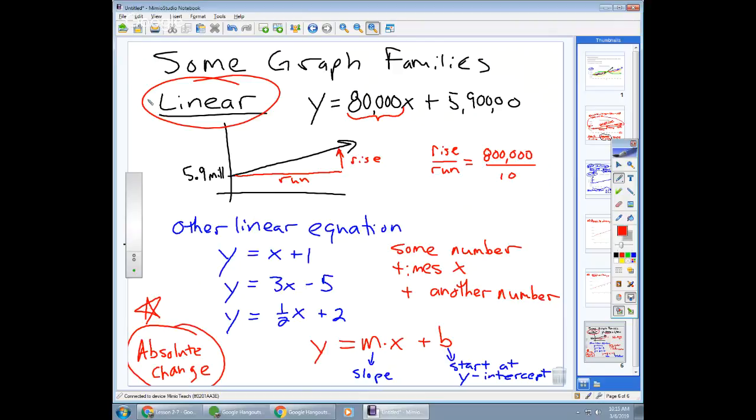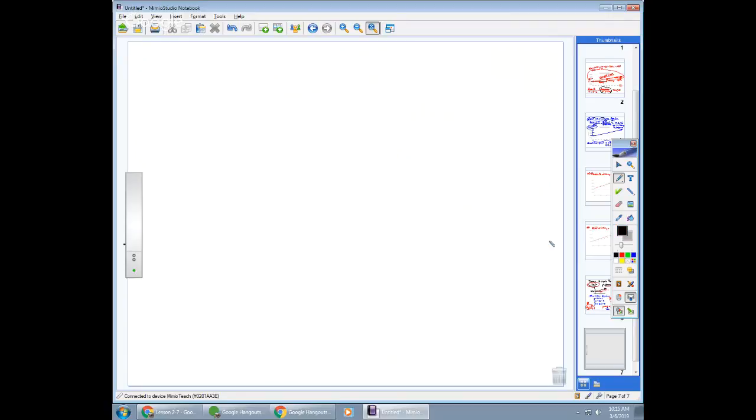All right. So the other kind of family was the relative change family, and that's usually called exponential. And exponential is what we call relative or percent change.